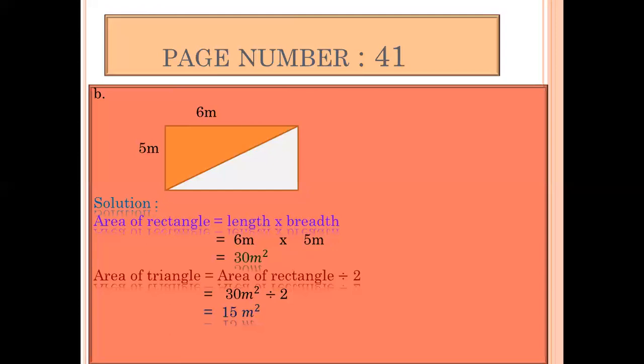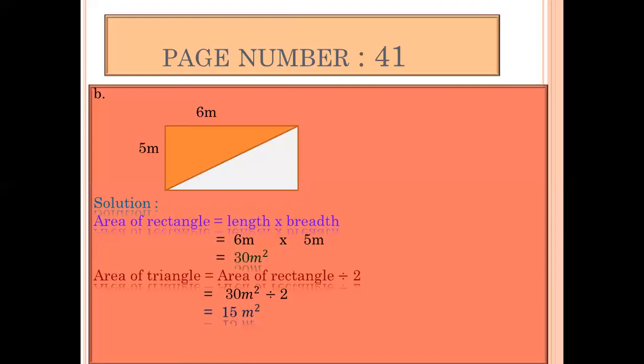When a square or a rectangle is given, after drawing the diagonal, we can convert the rectangle or square into two equal triangles. Then the solution is, first we find the area of the whole diagram and after dividing it by 2, we will get the area of the triangle.